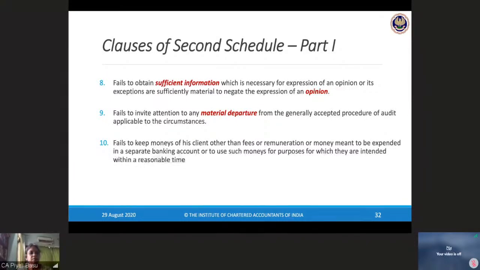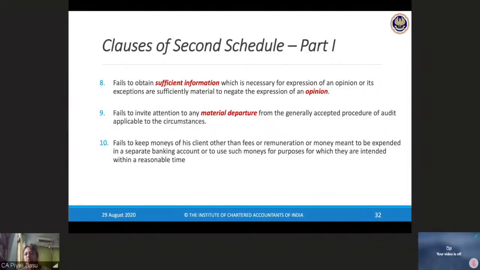And then what are the cases where money can be given to you and where it has to be kept in a separate bank account? You have been appointed as an official liquidator of some assets and things like that. So when it is liquidated, the money will not go to the client's bank account because of various reasons, that he will utilize it for some other purpose, for his own benefit.